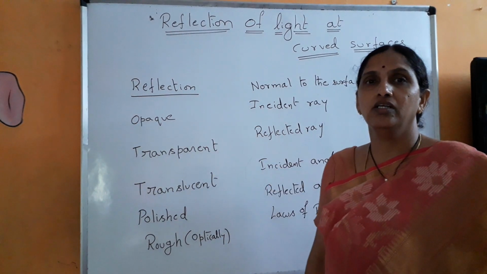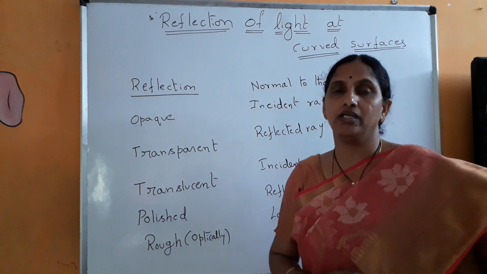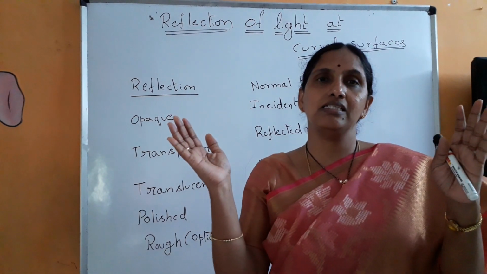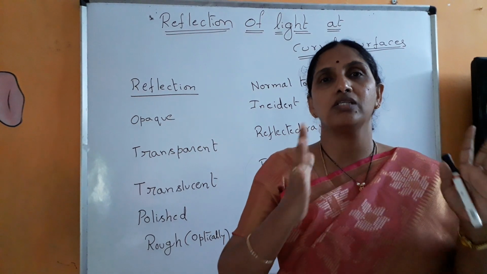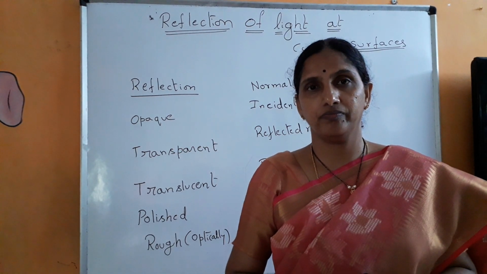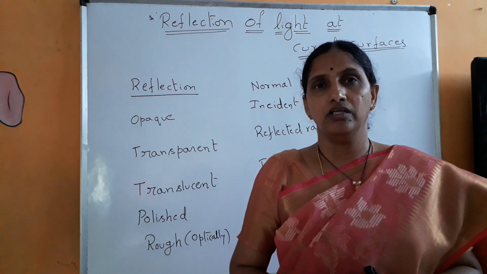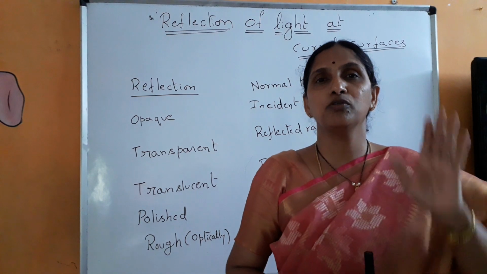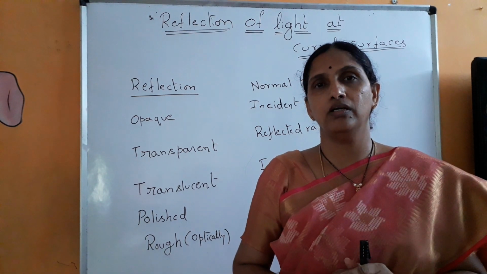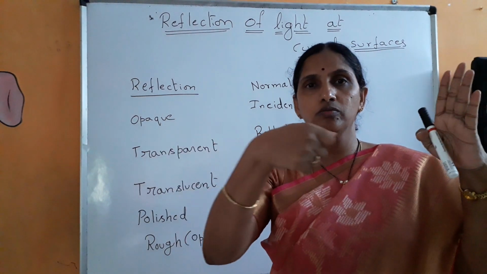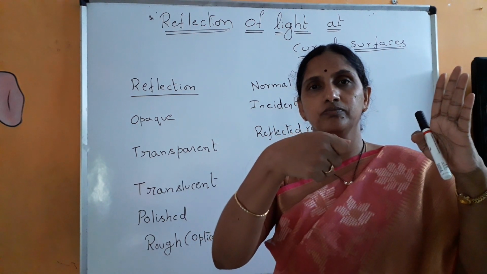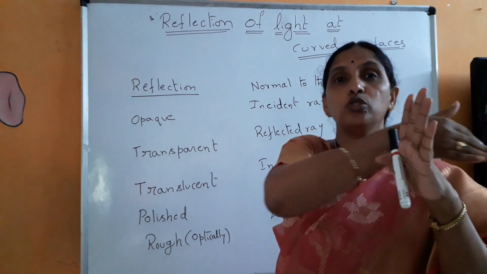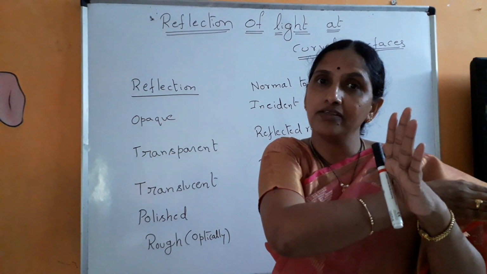Opaque. What do you mean by opaque? See, when light is made to pass through certain substances, it can't pass through certain surfaces. Suppose if you take a book and then focus the torch on the book, you can't see the light being penetrated through the book onto the other side of the book.